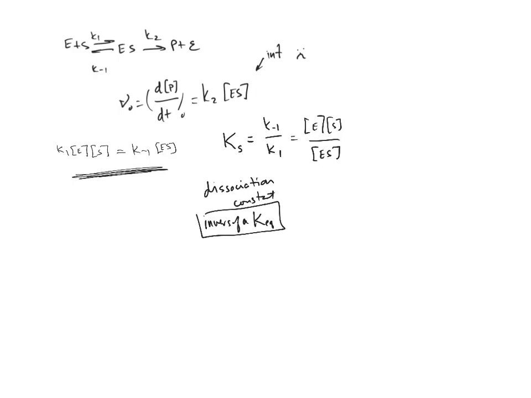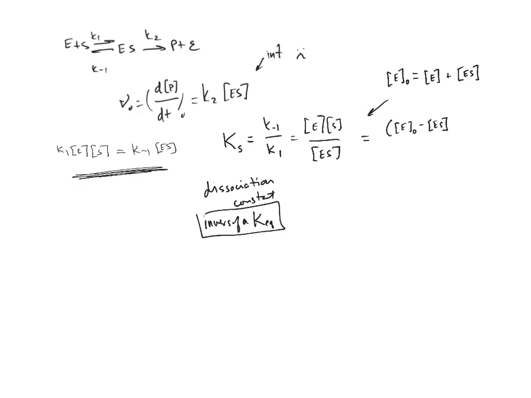It's going to be convenient for us to set up my total original enzyme concentration as being equivalent to the sum of free enzyme and complexed enzyme. So I'm going to plug that into my dissociation constant expression in order to get what I have here.